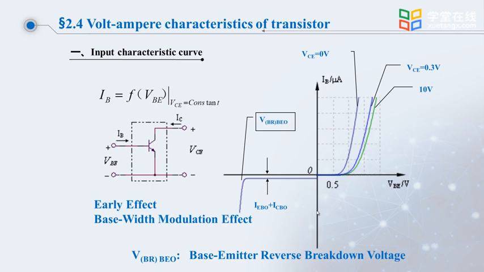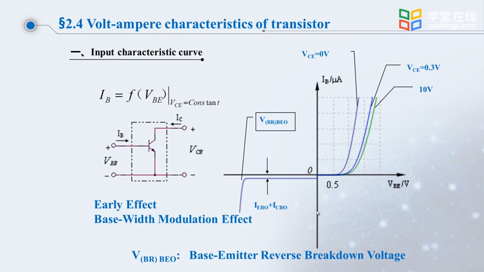As VCE increases, we plot the input characteristic curve when VCE is equal to 0.3 volts. As you can see from this picture, when VCE is less than 0.3 volts, if the x-coordinate of VBE remains unchanged, IB, the y-coordinate, will decrease rapidly with the increase of VCE, indicating that it is in the saturation region.